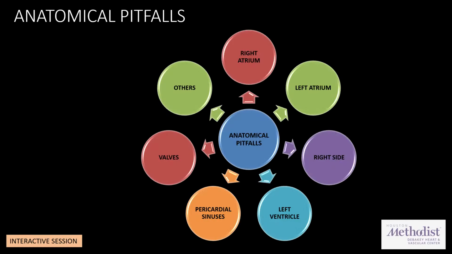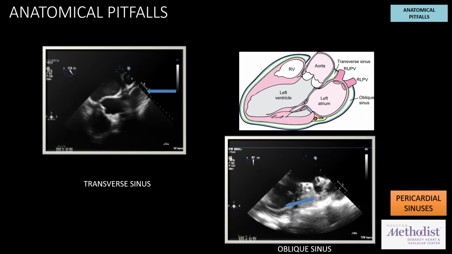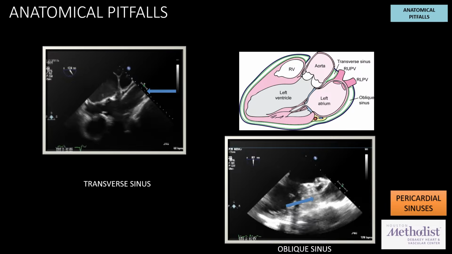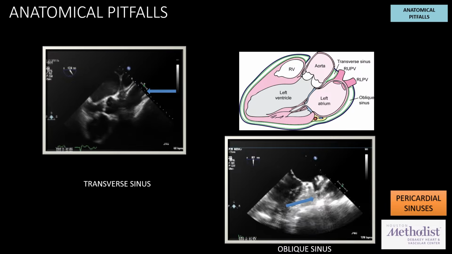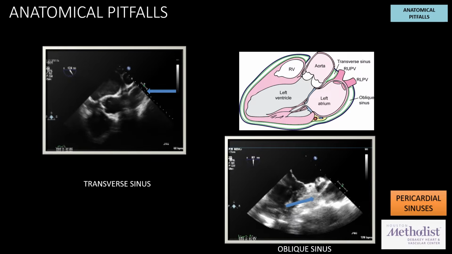All right, let's go back to our original screen, guys. Damien, pick the next one. Okay, pericardial sinuses. All right. Very important, guys. From the fellows' perspective, sonographers' perspective, and also the audience's perspective, everybody needs to know what the normal pericardial sinuses are, right? What are the two normal sinuses, guys?